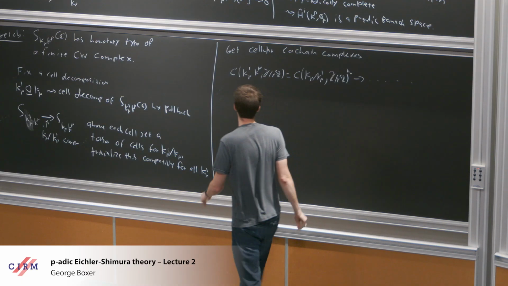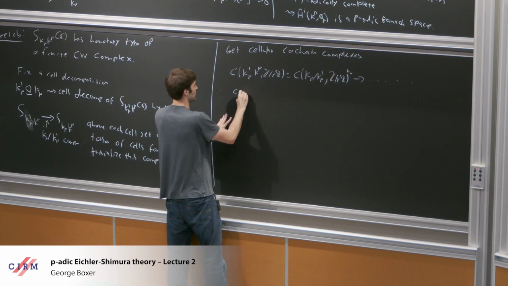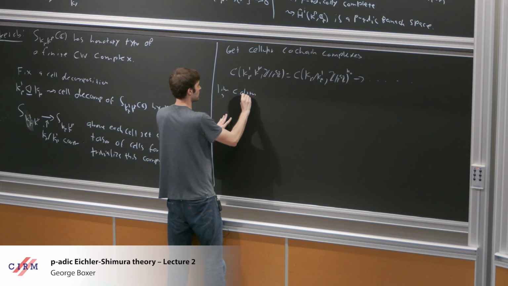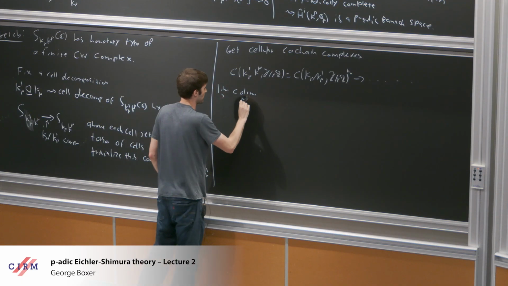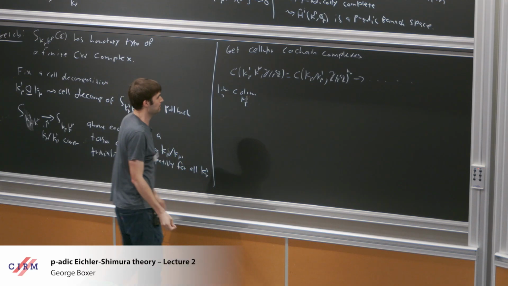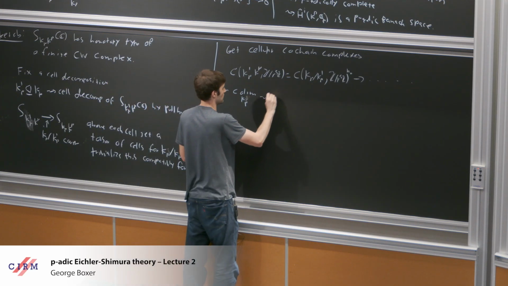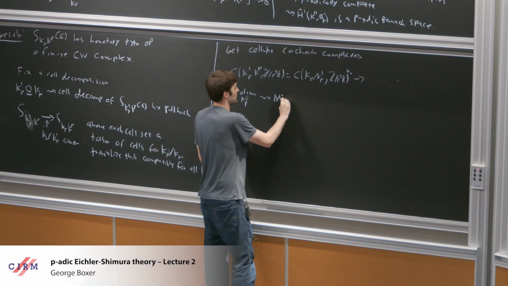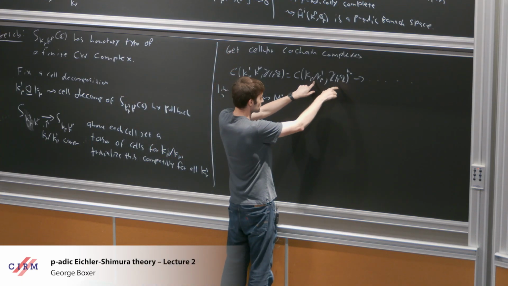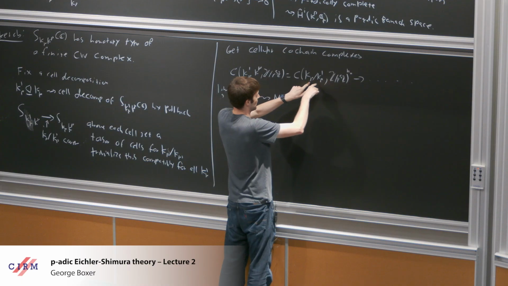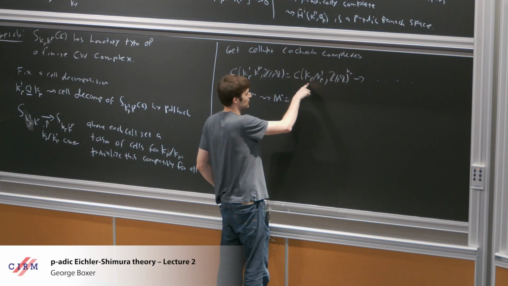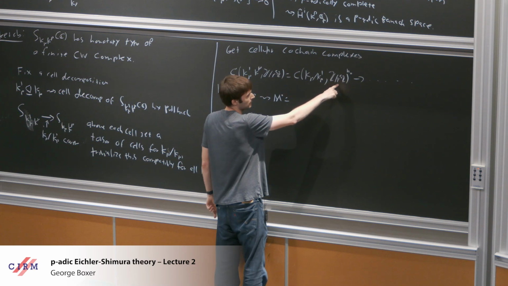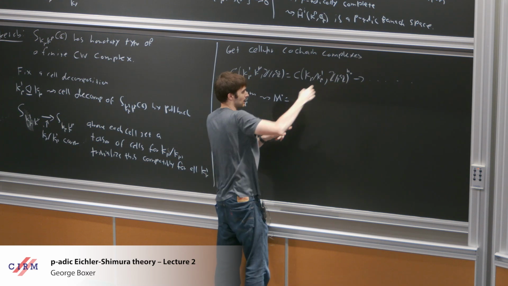And so now I can take this colimit over K_p, and I will get a complex M^• of the form advertised in the statement of the proposition. So I take the colimit over K_p, so I'll just get continuous functions, or locally constant functions, from K_p to Z/p^s Z, and then I take a limit.